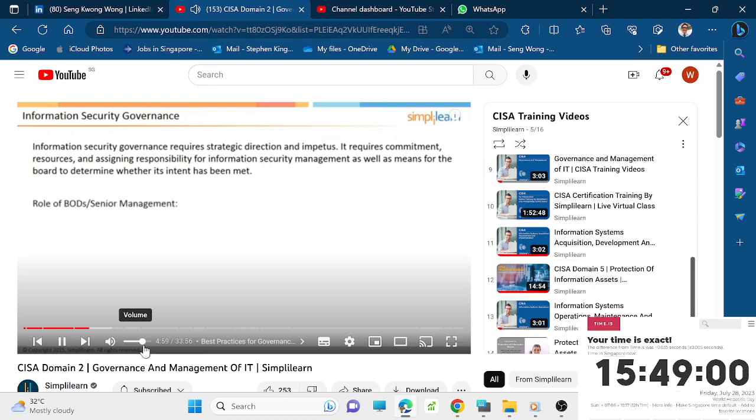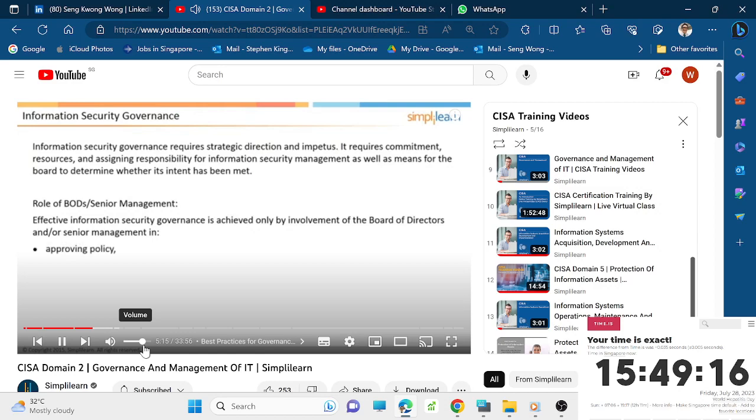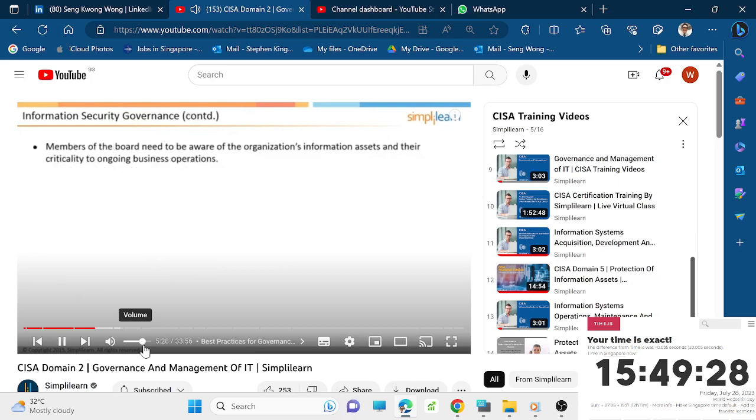The role of the Board of Directors, BODs, and/or senior management in ensuring information security governance is implemented includes ensuring effective information security governance is achieved only by involvement of the Board of Directors and/or senior management in approving policy, appropriately monitoring metrics, as well as reporting and trend analysis. We will continue to learn about information security governance in the following screen.